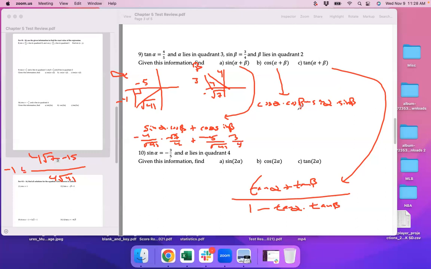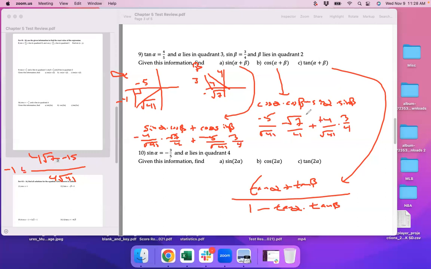cosine alpha, which we already know is negative 5 over root 41. Cosine beta, which we know is negative root 7 over, sorry, over 4. Minus sine alpha, which is negative 4 over root 41. And sine beta, which I know is 3/4.